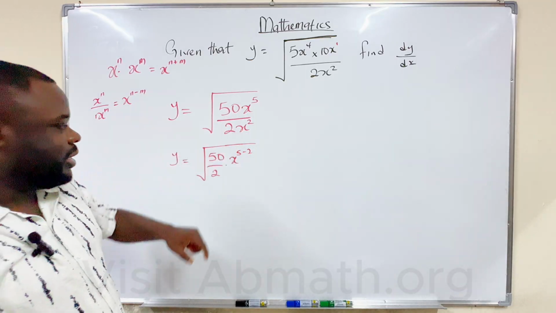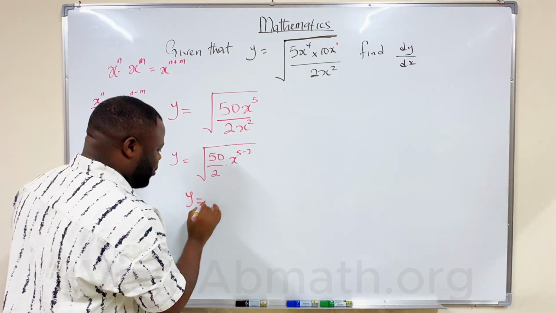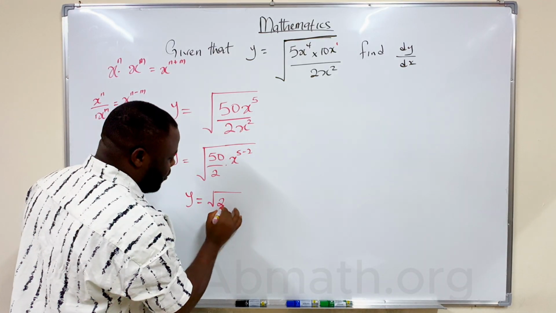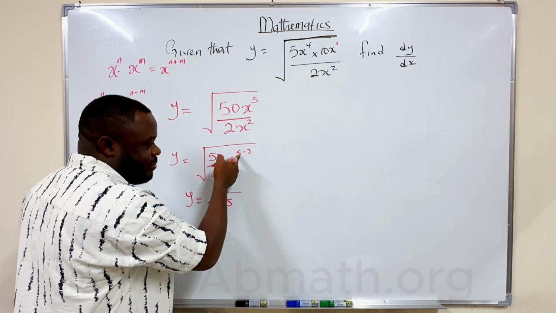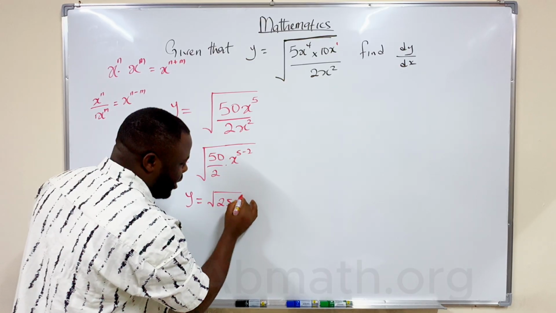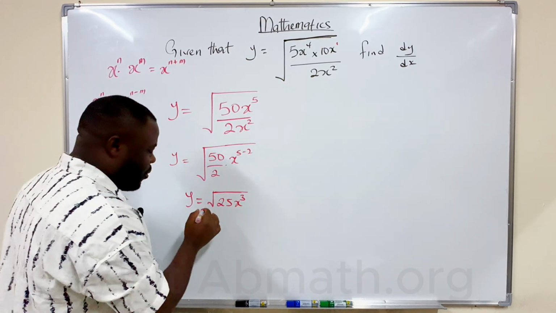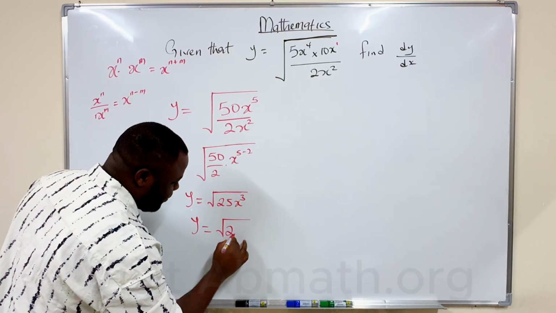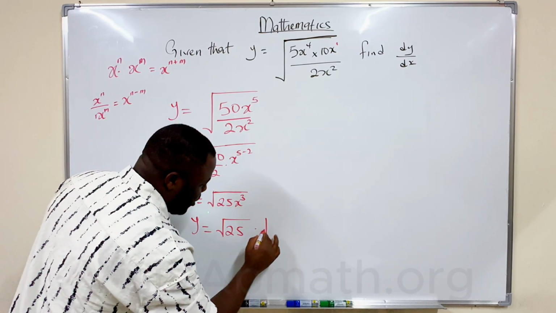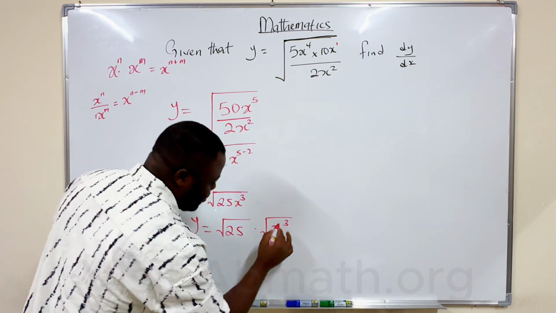So y equals the square root of 25, because 50 divided by 2 is 25, and 5 minus 2 gives you power 3. We can simplify this further to be the square root of 25 multiplied by the square root of x cubed.